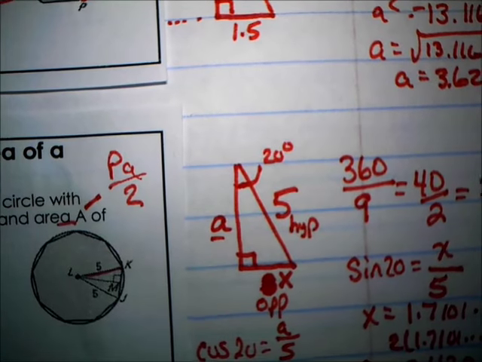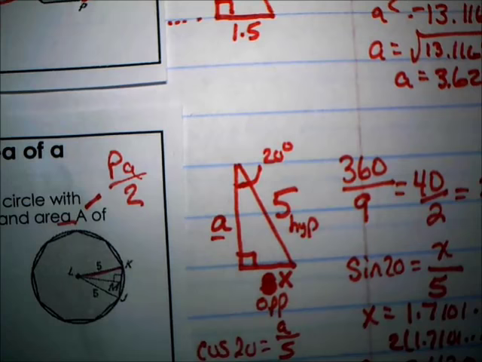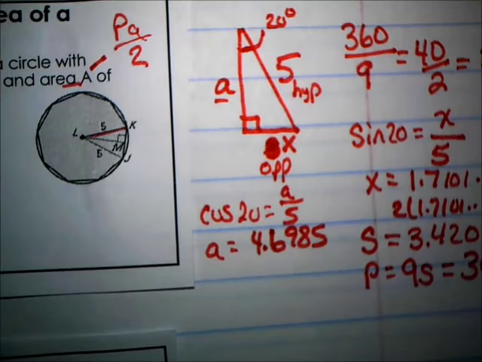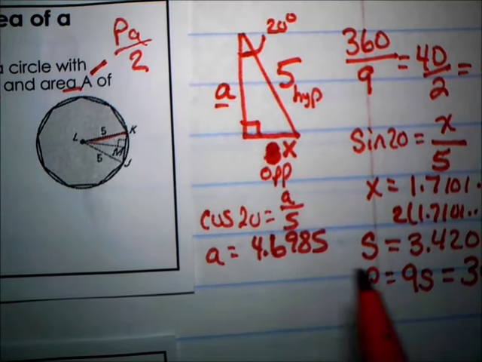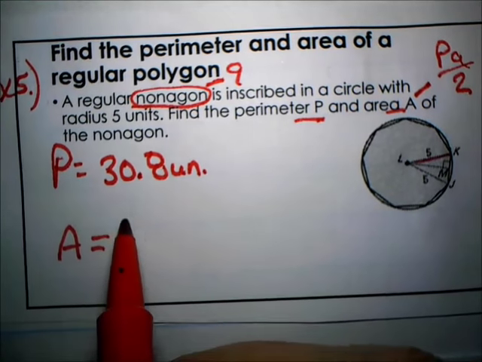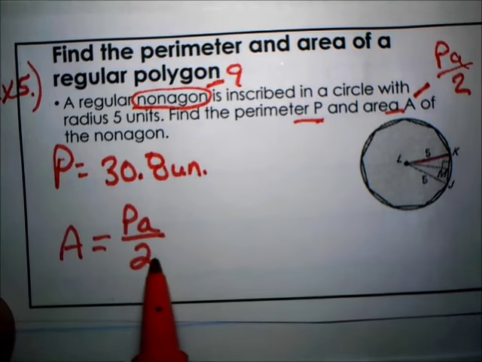So I can find out that the apothem is 4.6985 if I rounded on the 5. So I'm going to take this number for my area formula. I'm going to take the perimeter number and multiply it times the apothem number and then divide it by 2.